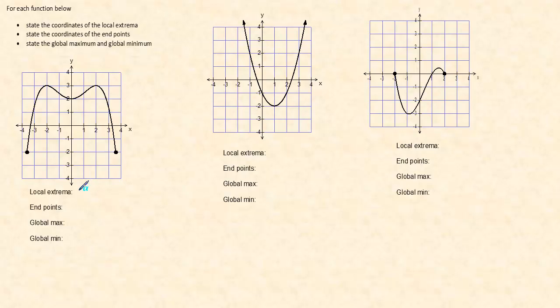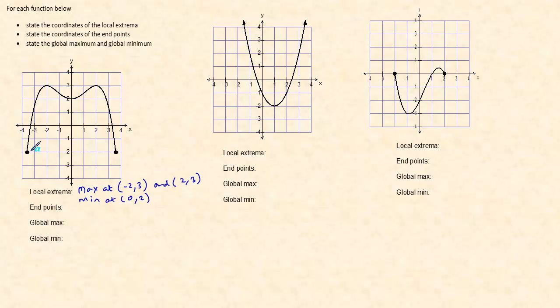So for this one here, local extrema, we've got maximums at -2, 3 and also at 2, 3, and we've got a minimum at 0, 2.